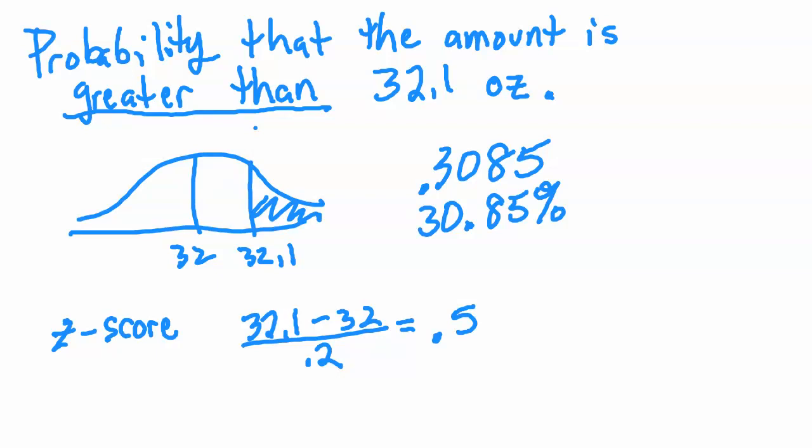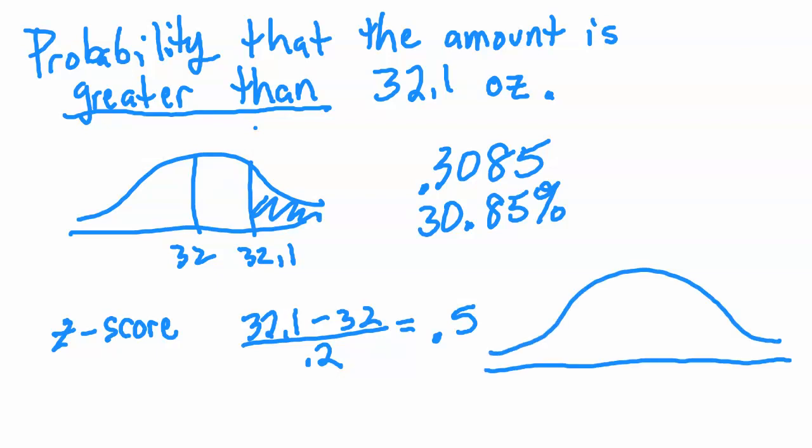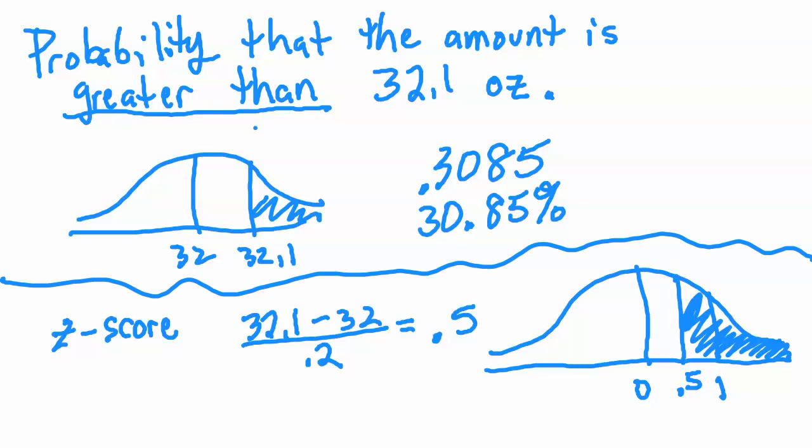And then we use a standard normal curve, and we want it again greater than that. We don't have to do it this way. We already got the answer, but I'm just showing you that you get the same answer.